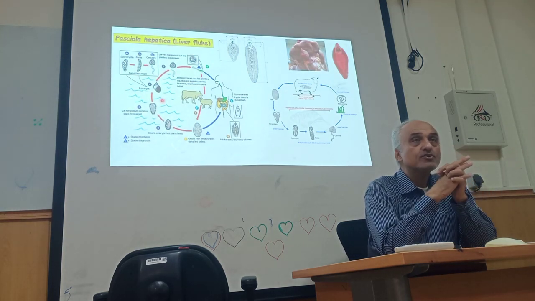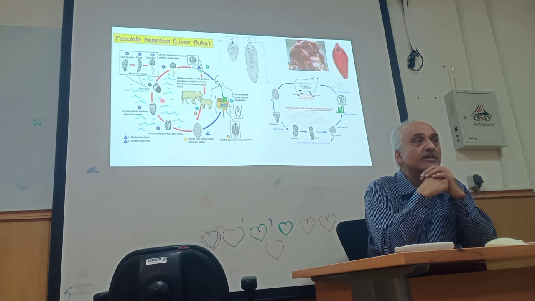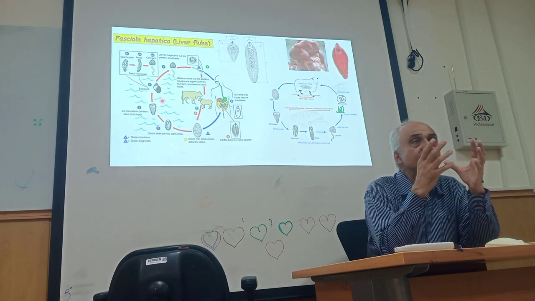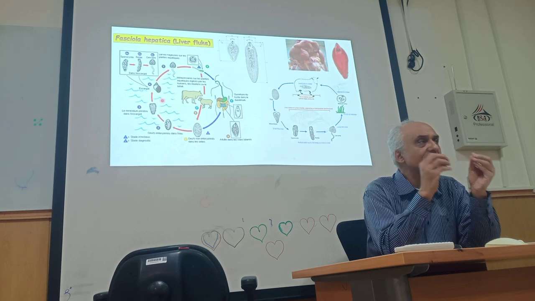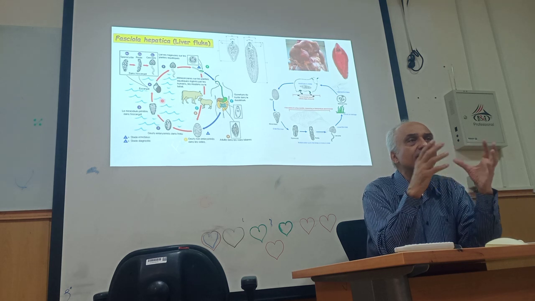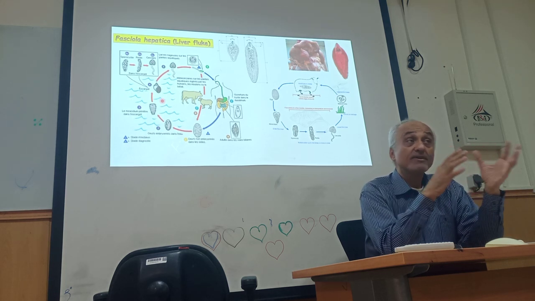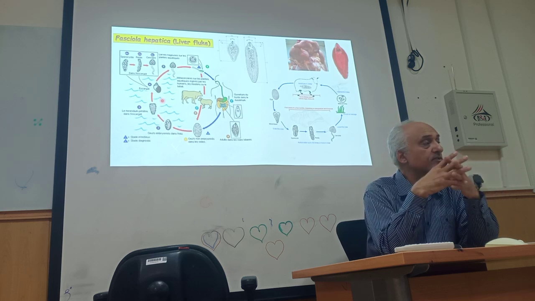So this is what you can understand from this part of the life cycle. And what is very important is that you can understand the pathogenicity. All these effects can be seen in the reticuloendothelial system and in the liver, both systemic and local.